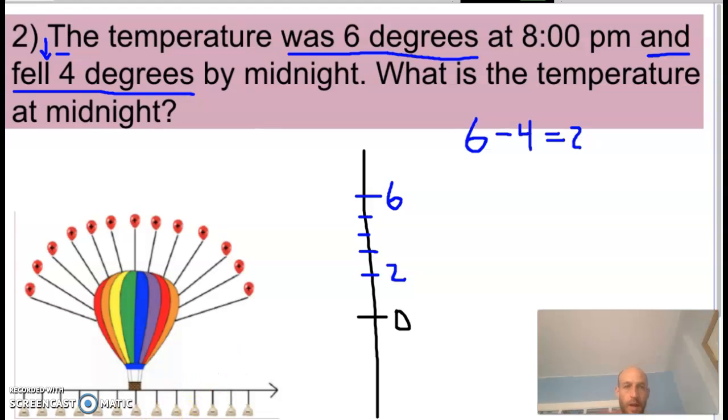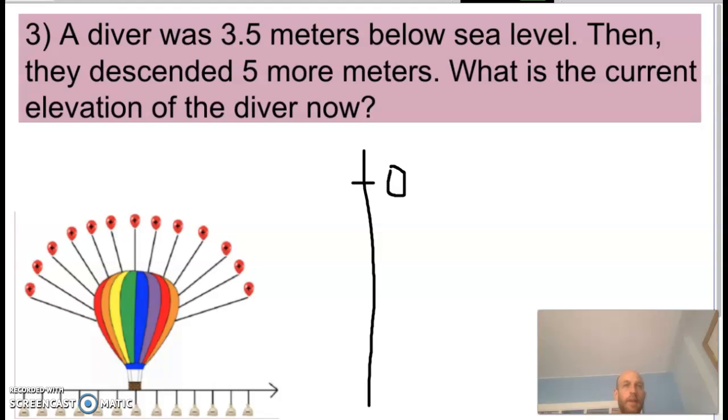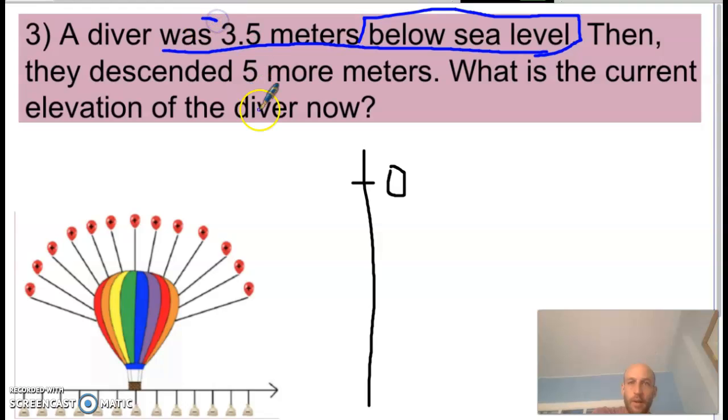Okay, let's try to up the rigor a little bit with this next question. Number 3, a diver was 3.5 meters below sea level. Okay, a couple different things here. One, I need to know that below sea level is a negative number. Okay, so I also see we have a decimal here. Okay, so we're going to have to put our dot in between 3 and 4.